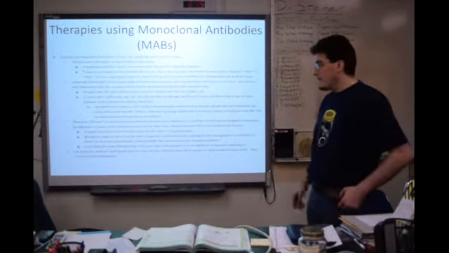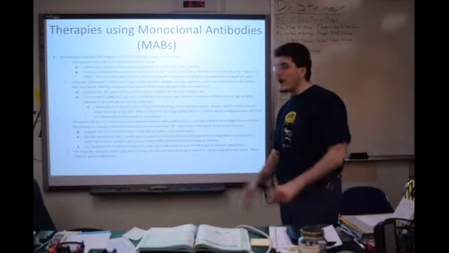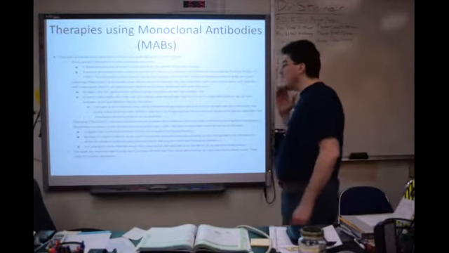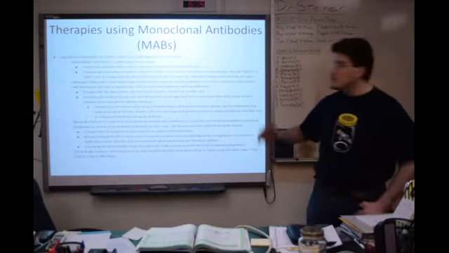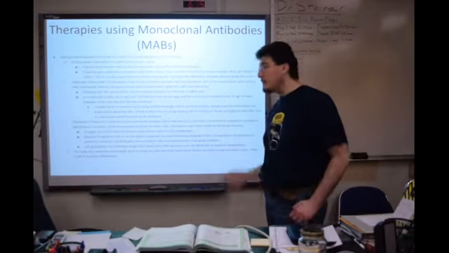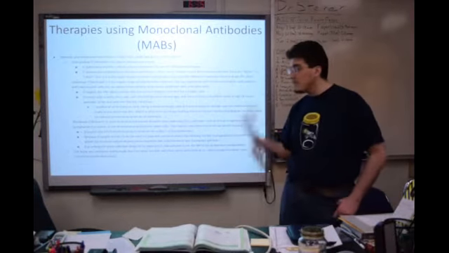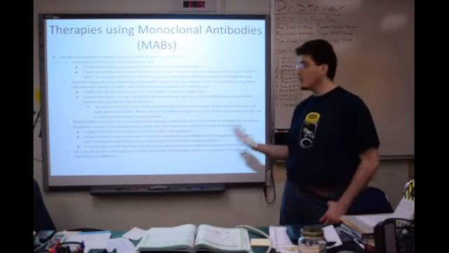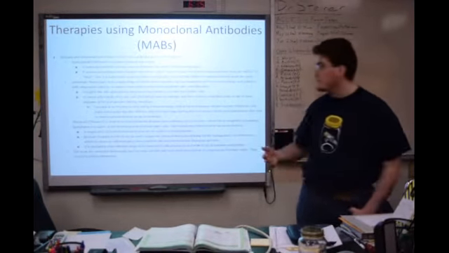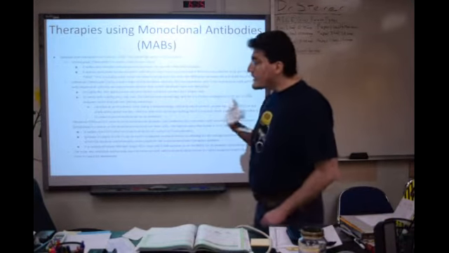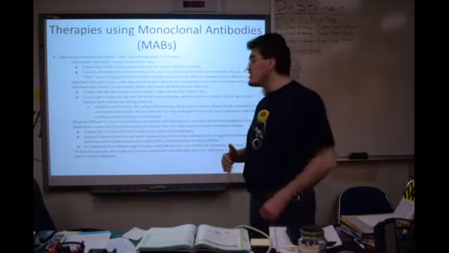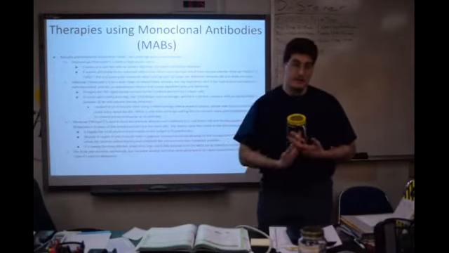Rituximab is used to treat a wide variety of autoimmune diseases. It's used to treat CLL. It's used to treat hairy cell leukemia. It's also used to treat non-Hodgkin's lymphoma, which is a cancer of the lymph tissue, the mature lymph tissue, not the stem cells. It targets CD20, which is found on the surface of B lymphocytes.